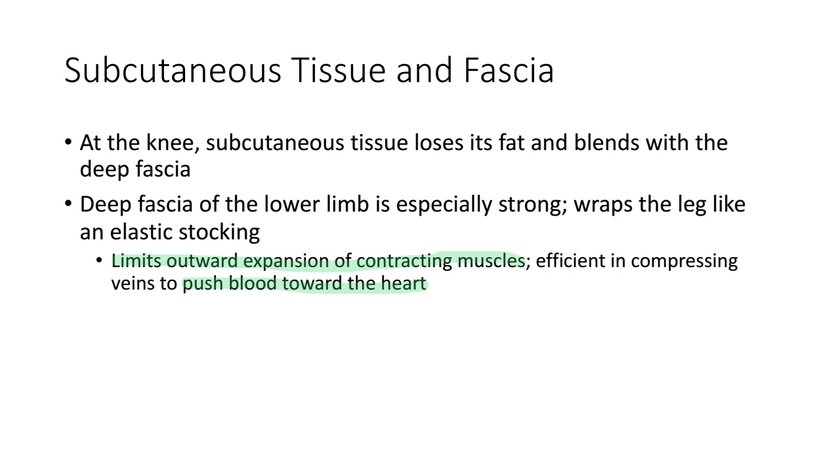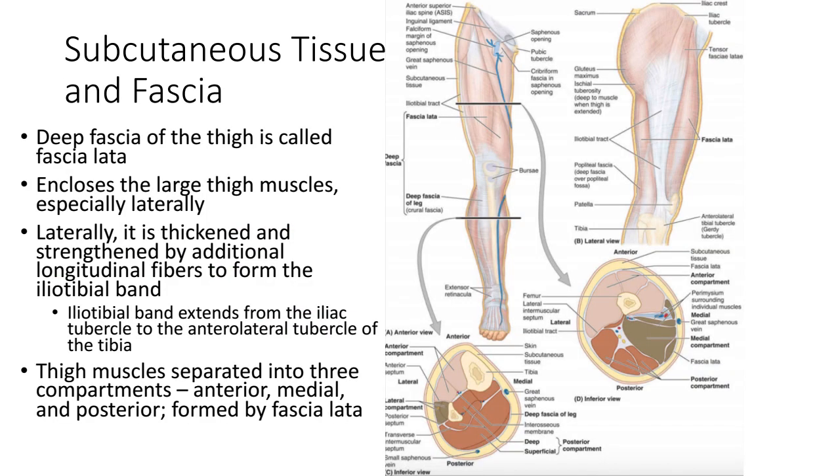The deep fascia also helps to keep any infections localized to certain compartments that the deep fascia is wrapping around. The deep fascia on the thigh is called the fascia lata. It encloses the large thigh muscles, especially laterally, and also laterally it's thickened and strengthened by additional longitudinal fibers, and it forms what we call the iliotibial band.